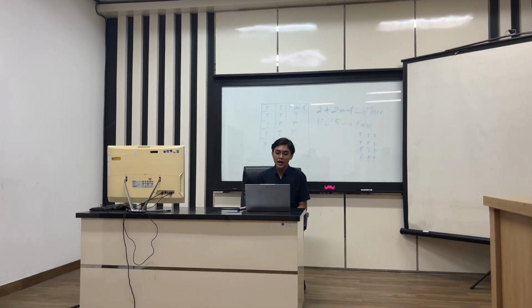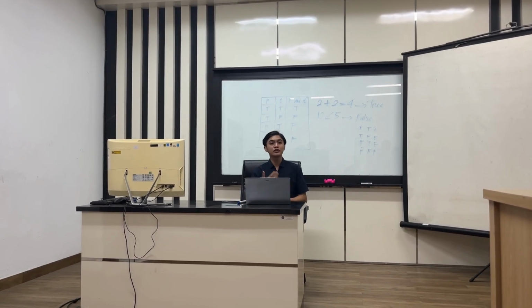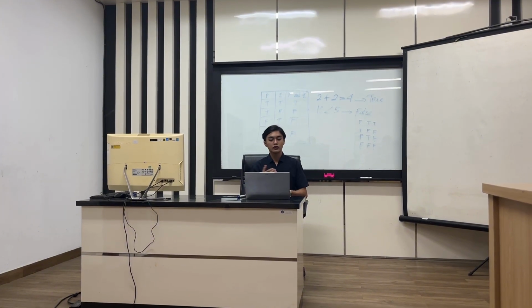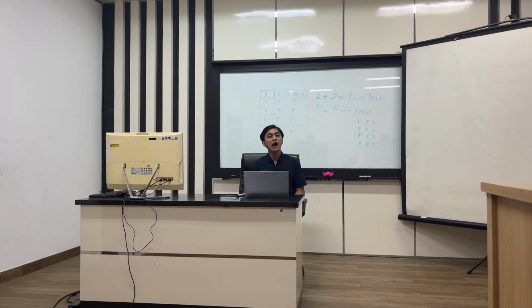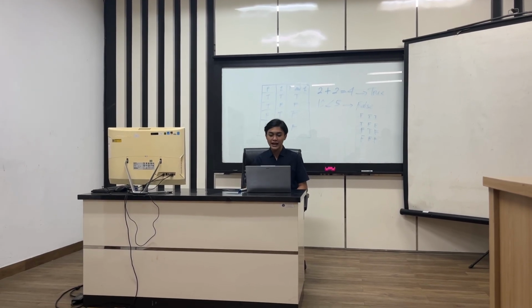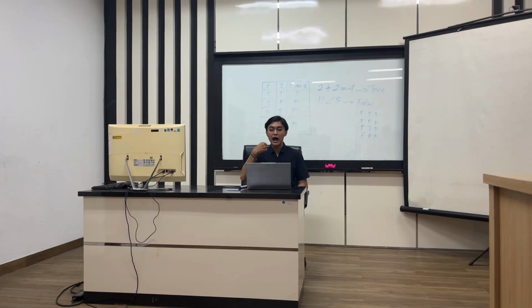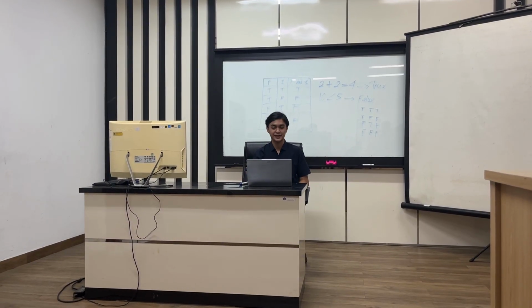Alright everyone, we have come to the end of today's lesson. So today we have learned about mathematical logic, especially how to identify statements and determine whether they are true or false.